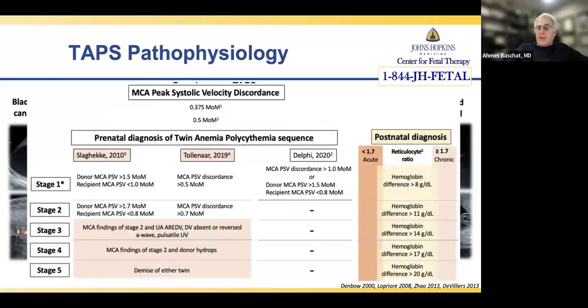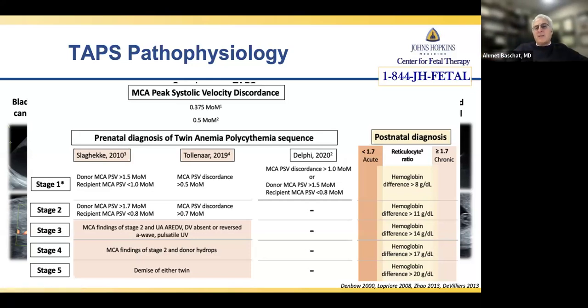Now, the staging that exists for TAPS is unfortunately confusing because it has evolved over time. So the most liberal one is the more recent Tolinar staging that says, once your MCA PSV is discordant over 0.5 MOMs, then you can call it TAPS.